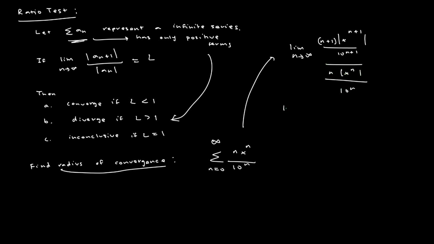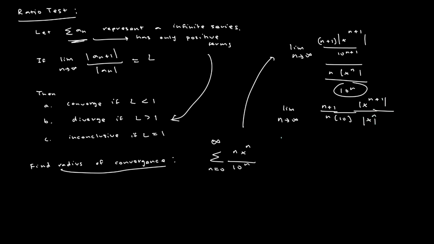I can rewrite this as the limit as n tends to infinity of (n plus 1) divided by n, and then this 10 to the n will go to the numerator and be divided by 10 to the n plus 1, so I'll have an extra 10 over here. And then the other terms left over are simply the absolute value of x to the n plus 1 divided by the absolute value of x to the n.